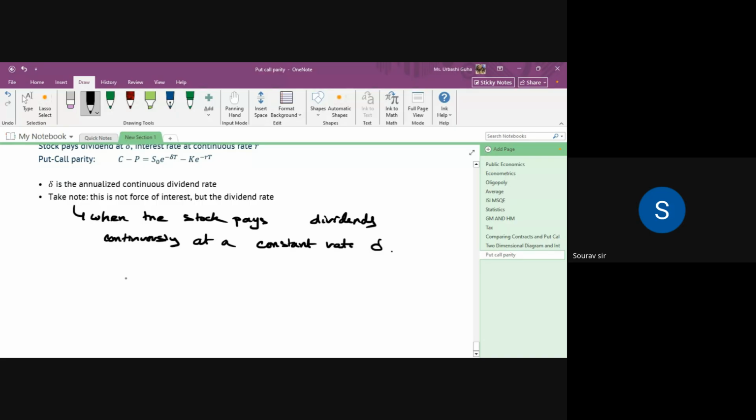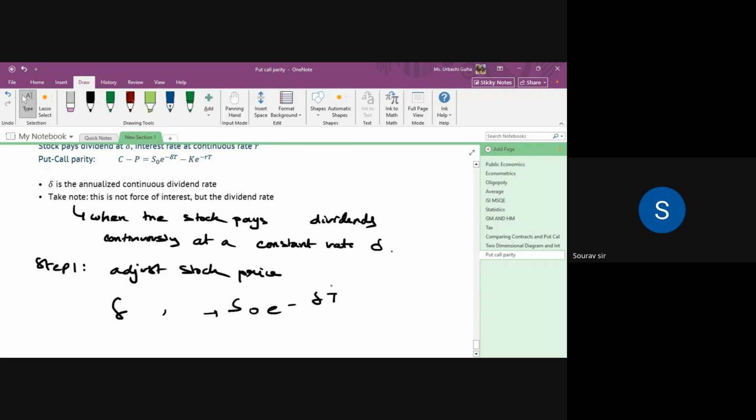The put call parity must be adjusted. What is step 1? Step 1, you adjust the stock price. If the stock price is S0, then after accounting for the continuous dividend at rate q, the effective value will be S0 e to the power minus qT.